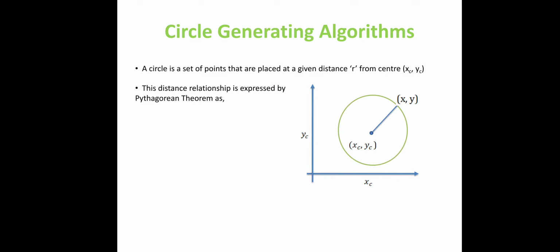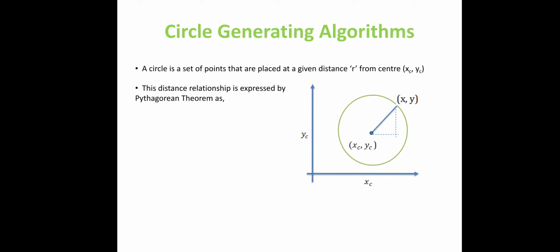Now this distance relationship is expressed by the Pythagoras theorem. We calculate the distance between the points by using the Pythagoras theorem. What do we need for this? We need two sides of the triangle, and the remaining side is the hypotenuse, right?